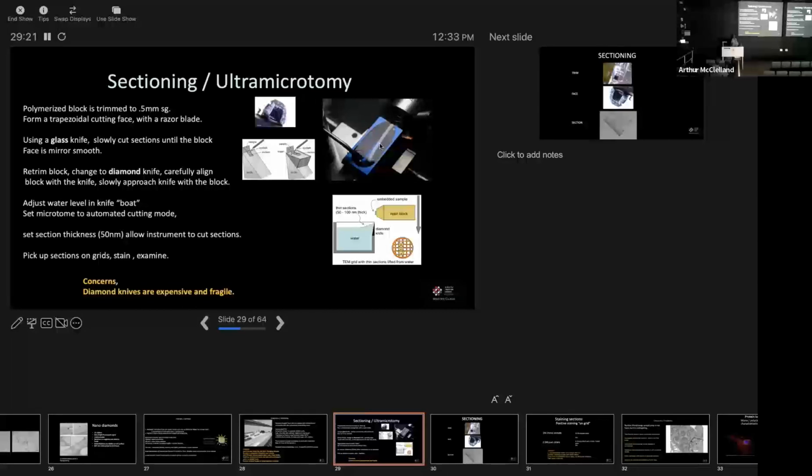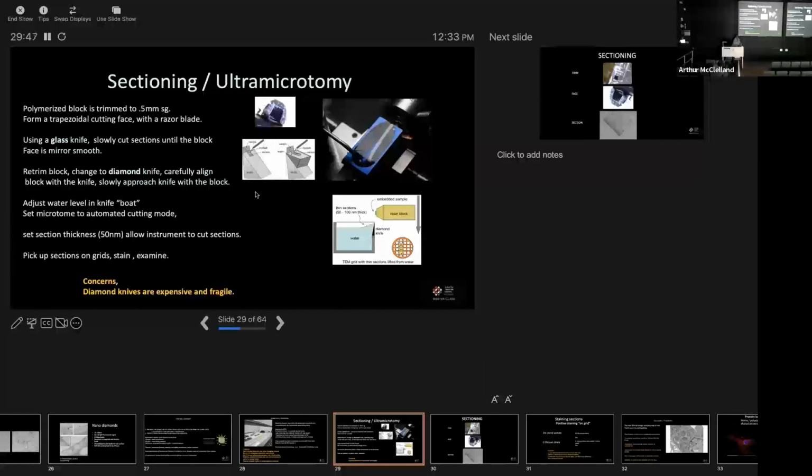We're shooting for something around 50 nanometers thin on the section thinness. Those would be silver, as you see in this picture here. You can get away with gold, which are about 80 nanometers thick, but you're going to have better luck with silver, better images.